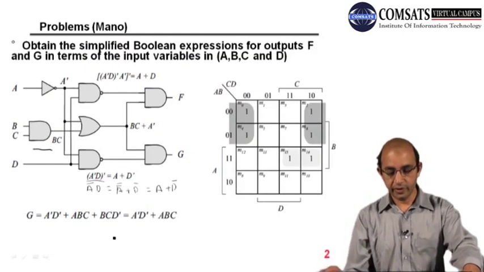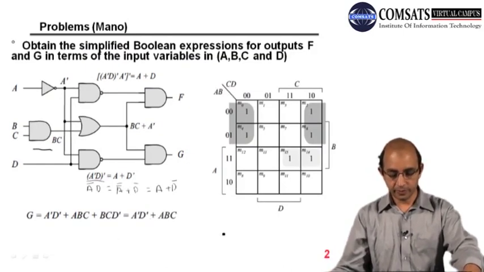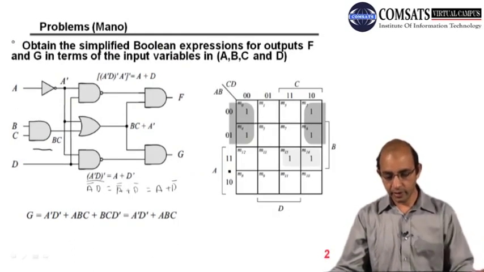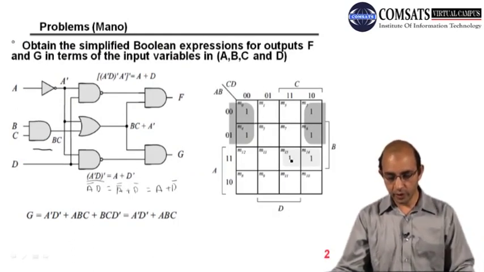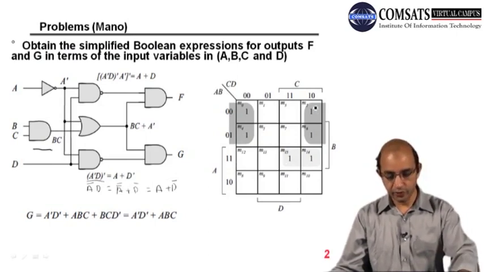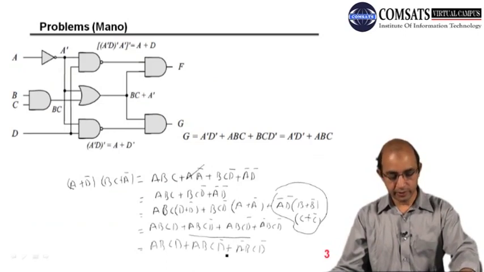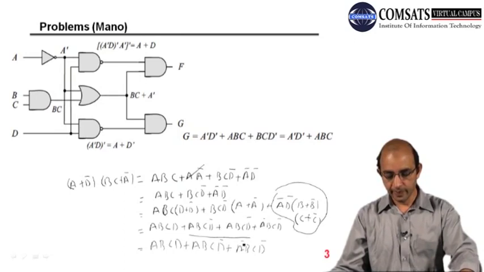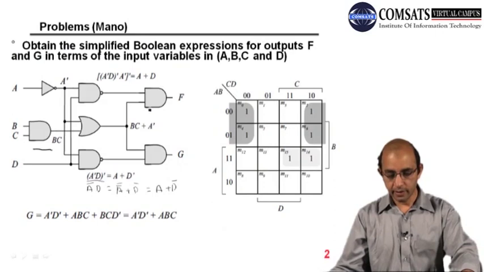If I have to plot, for example, A B C D, you can see that A, B, C, D is 1, A, B, C, D bar. If I move here, A, B, C, D bar, so here we have this, and similarly we have A bar, B, C, D bar.